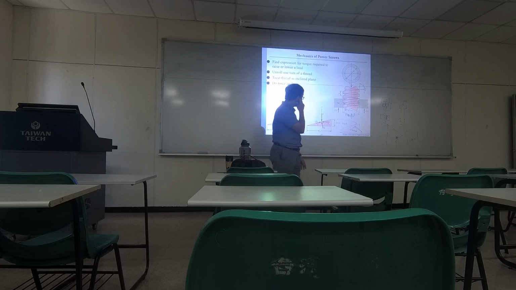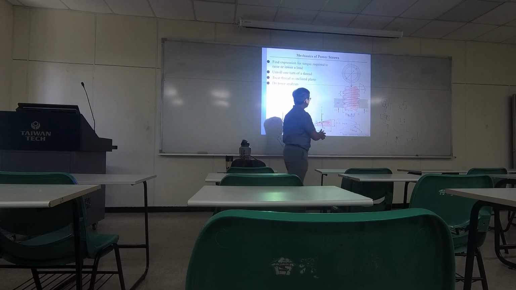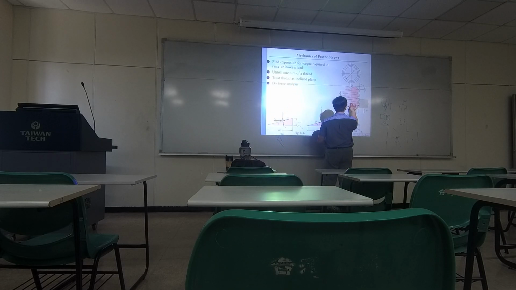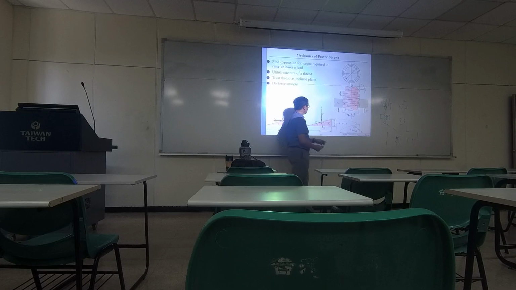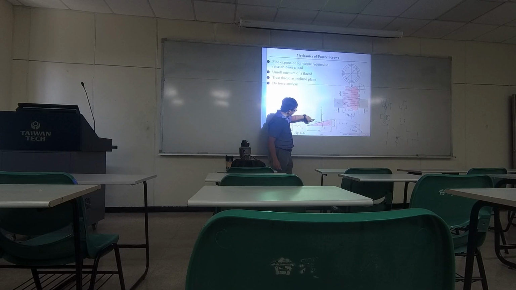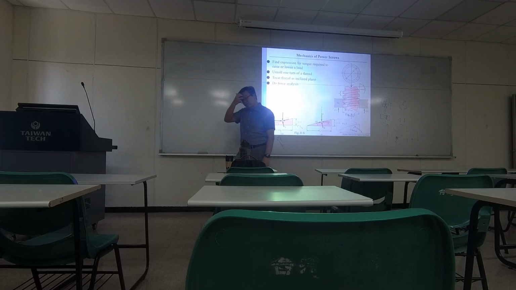So if you would like to push the object down, you need to spin this screw the other way to allow this thread to go down, right? When that is happening, your thread is moving down, so the friction from the nut actually pushes the thread up.